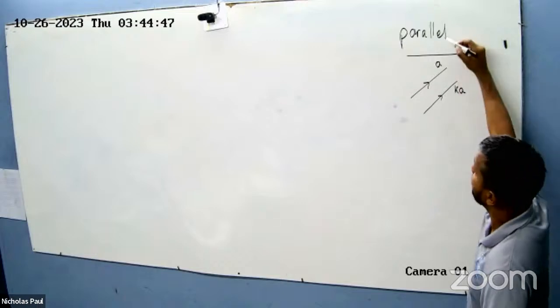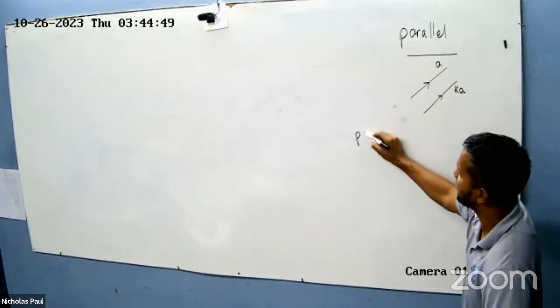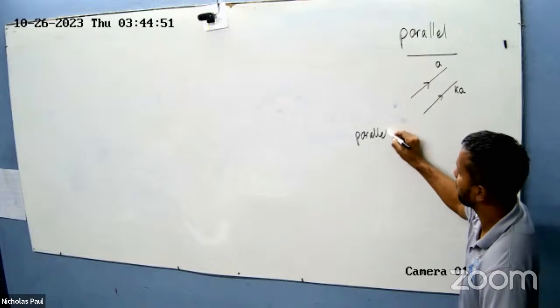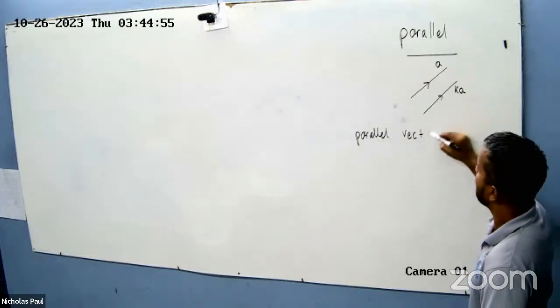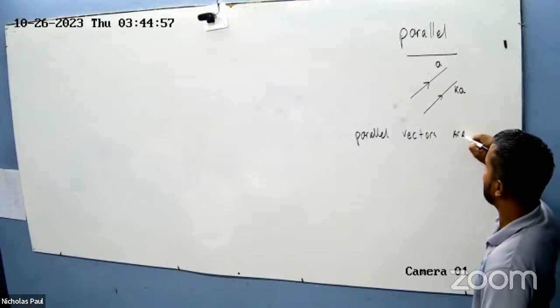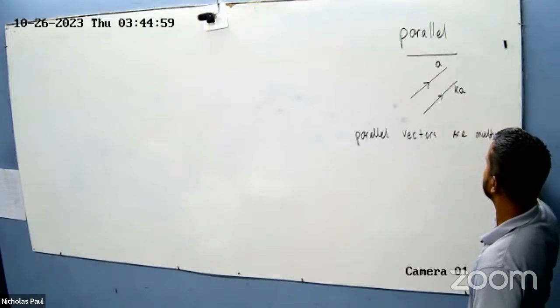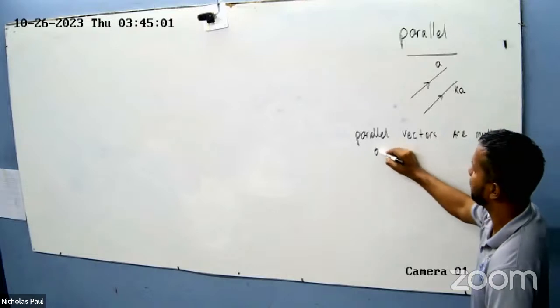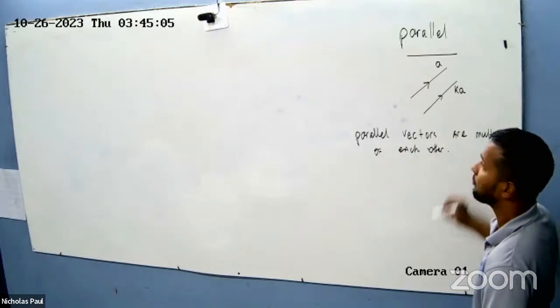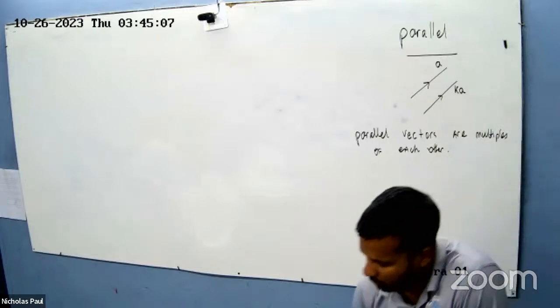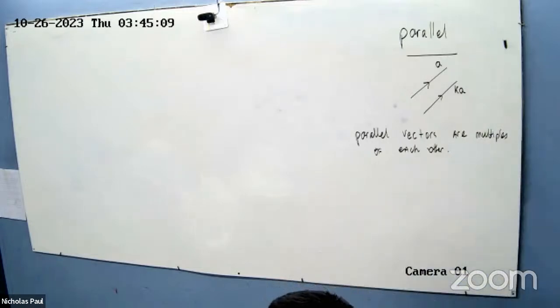So parallel vectors are multiples of each other.